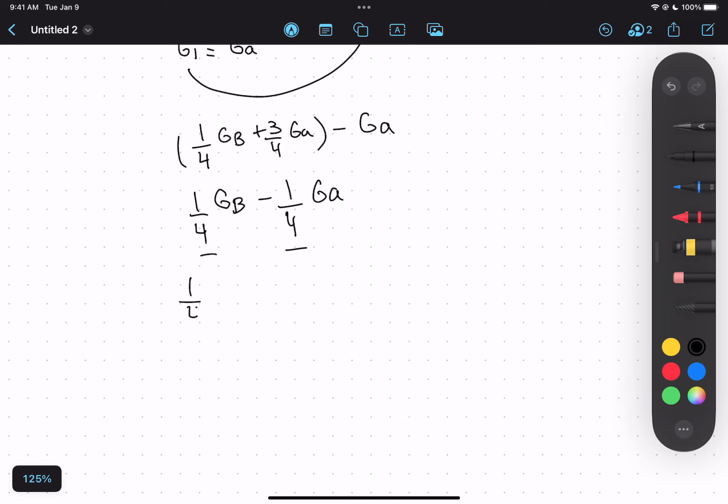Excellent. So we pull out the 1/4, and then we have GB minus GA, right? That way, 1/4 GB minus 1/4 GA. And so now we have our GB minus GA, which they already gave us a value for. That was negative 1.43. So effectively, you can write this as 1/4 times negative 1.43, and then that's how you can get your delta G for that first question, where 1/4 of the glucose ends up as beta D.